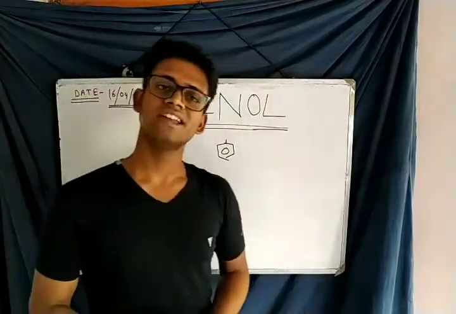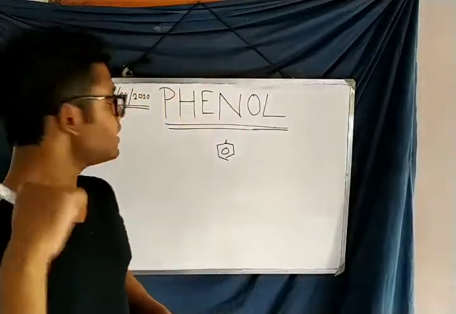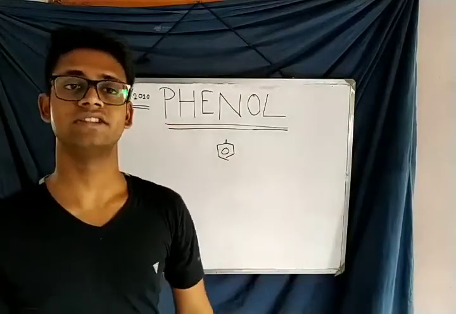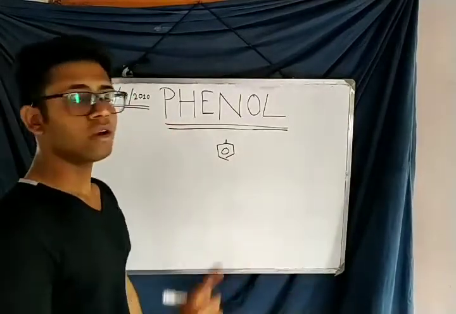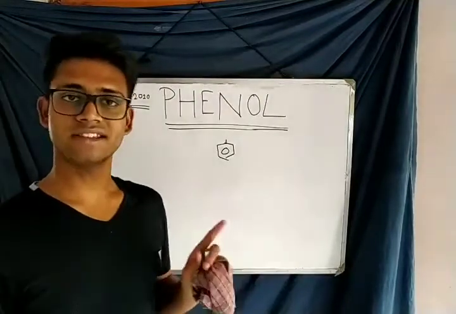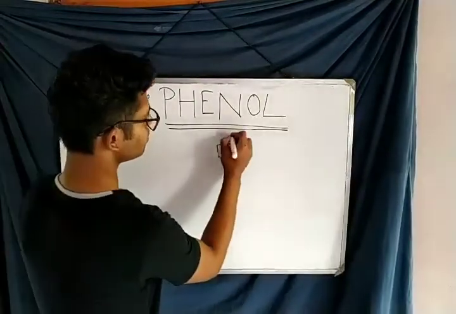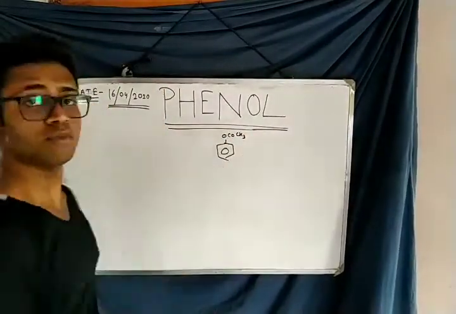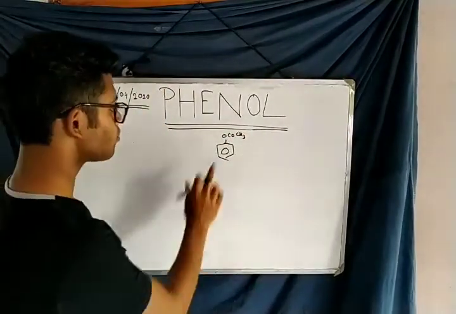Which ester? Phenyl acetate. Again, if phenyl acetate is treated by anhydrous AlCl3, we know in Friedel-Crafts alkylation this reagent is used, that is known as anhydrous AlCl3. So if OCOCH3, such an ester, phenyl acetate, which is obtained from the acylation reaction, remember it properly.